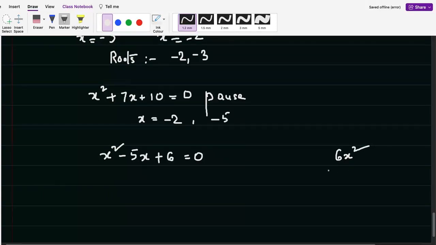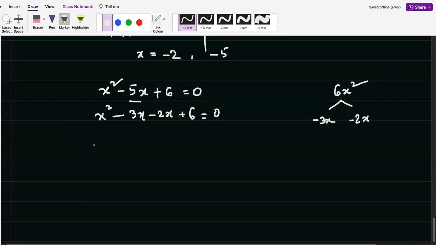This is also basically the same thing, but you have to write here negative 3x and negative 2x. So when you add negative 3x and negative 2x, you get negative 5x. When you multiply minus into minus plus, 3 2s are 6x square. So you have to split it, x square minus 3x minus 2x plus 6 equal to 0. So when you solve it, you will get the answers x equal to 2 and x equal to 3. Got it?